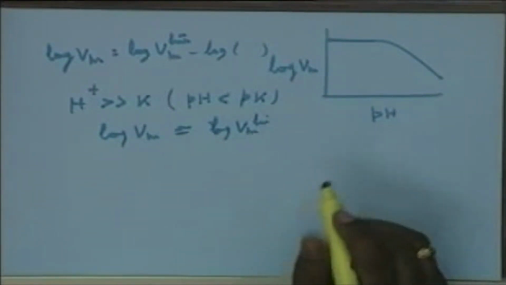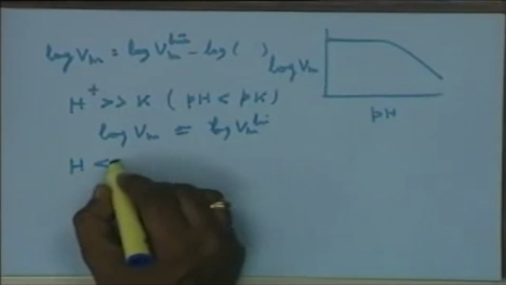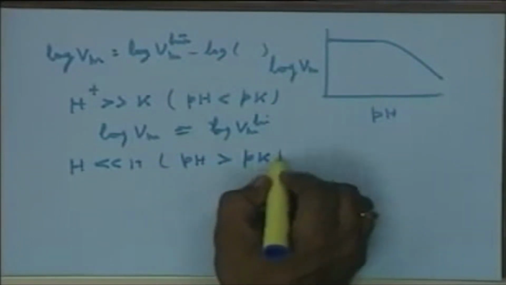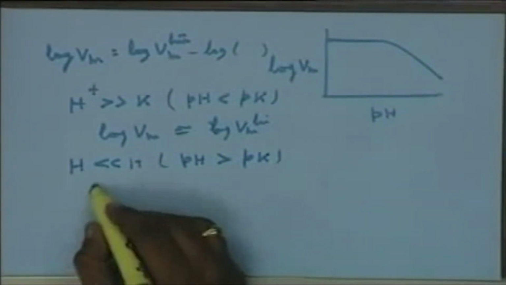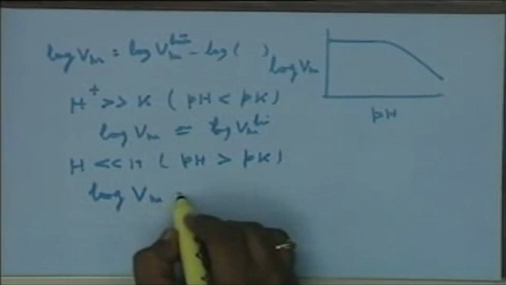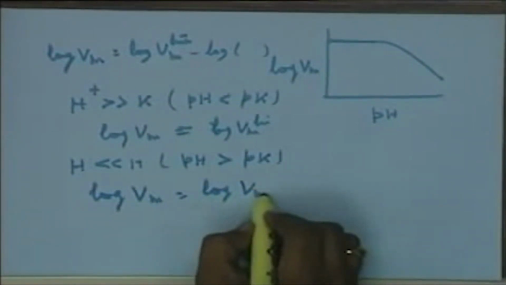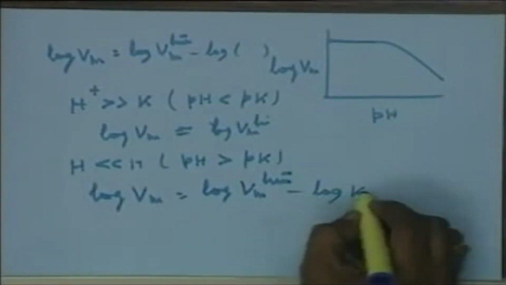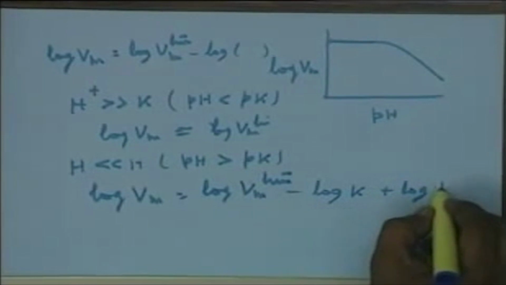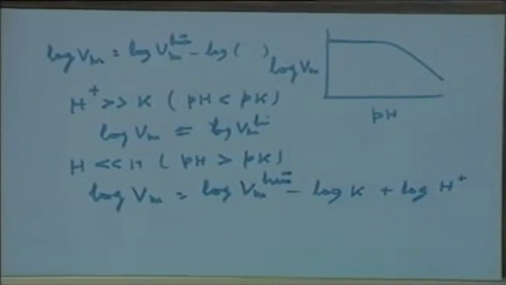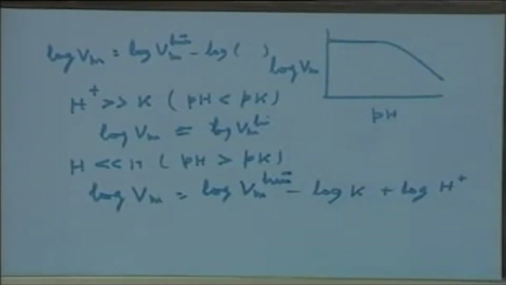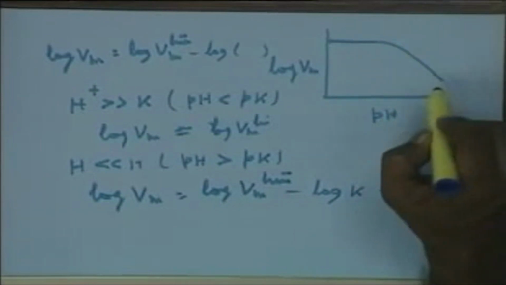Only when the hydrogen ion concentration becomes smaller than K, or pH becomes greater than pK, log Vm is equal to log Vm true minus log K plus log H. The hydrogen ion concentration will influence, and essentially the Vm will decrease, and you get a downward fall.